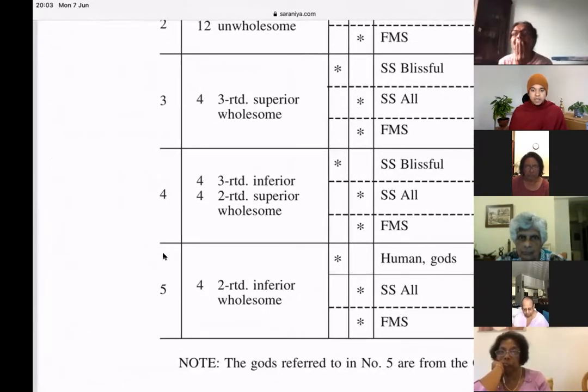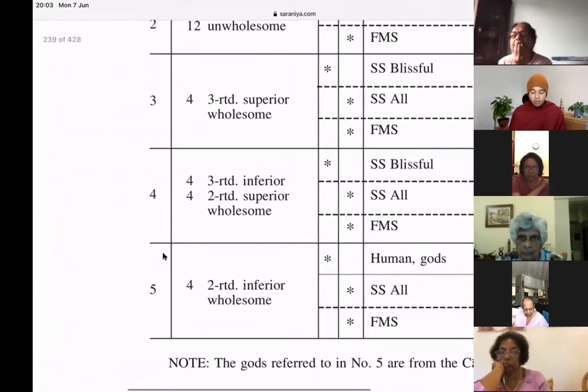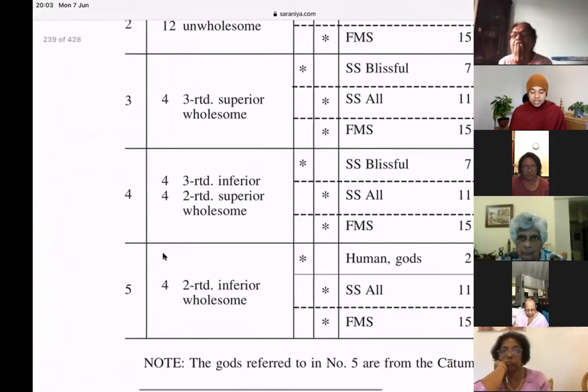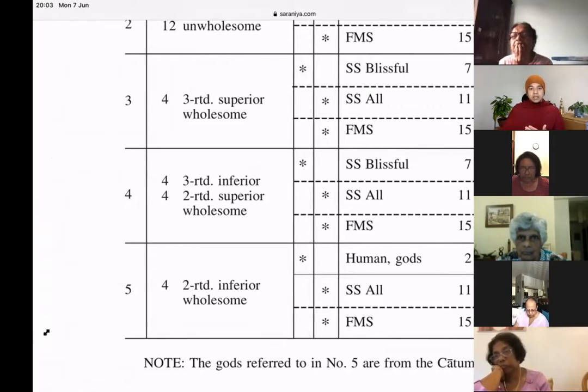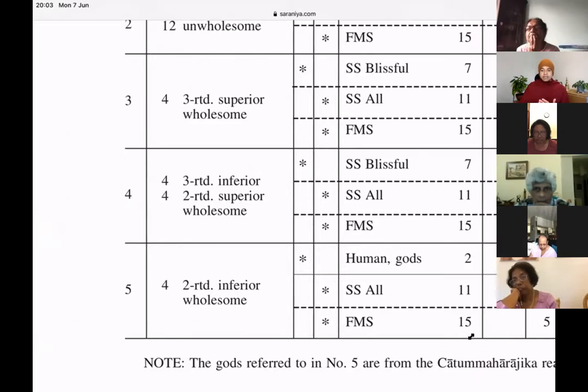When we come down here to the fourth, we see three-rooted inferior. There are three roots. However, it is inferior. What does this mean? Three roots, but inferior, means the karma has been performed through alobha, adosa, amoha.